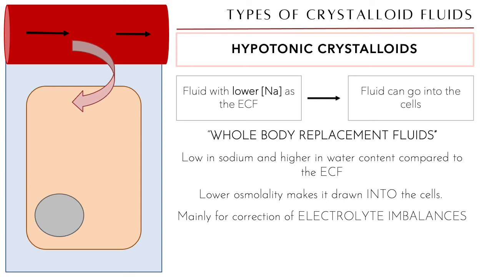So they can be very good for correction of electrolyte imbalances. The most common hypotonic crystalloids used would be half strength or 0.45% saline solution. You see it's half of the 0.9, so sometimes it's called half strength, and 5% dextrose in water.